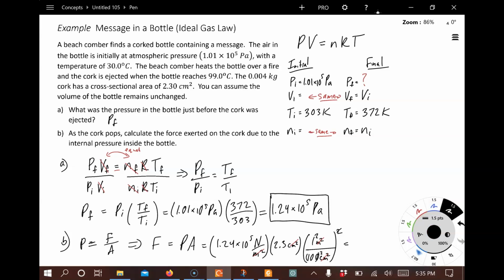And plugging all that into the calculator, remember to square your 100 in the bottom there. Comes out to 28.5 newtons of force that the gas in the bottle exerts on the bottle cap, or the cork, which is enough to, I guess, cause it to pop out.